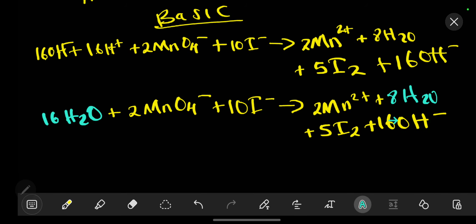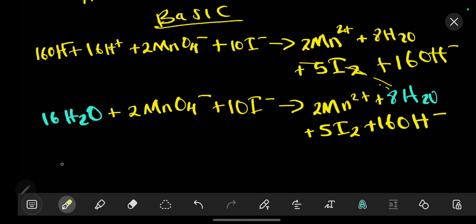So now instead of taking one water from this side to the other side, you just do it on rough paper: 16 minus 8, which will give you 8. Wherever there is the bigger number, that's where the water will be, because you cannot have minus in an equation.